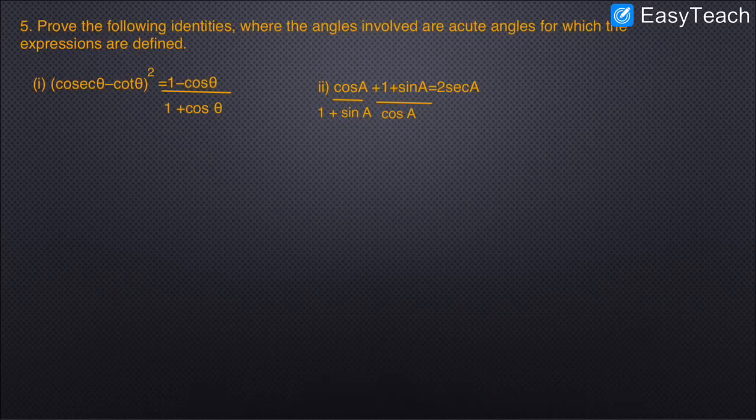So hope you got how to write this. Okay, next step, sin theta into sin theta, sin square theta, the whole divided by cos theta into sin theta minus cos theta, plus here cos square theta, the whole divided by sin theta cos theta into cos theta minus sin theta.